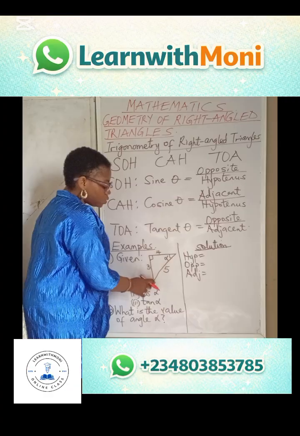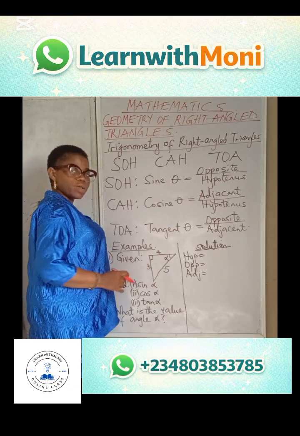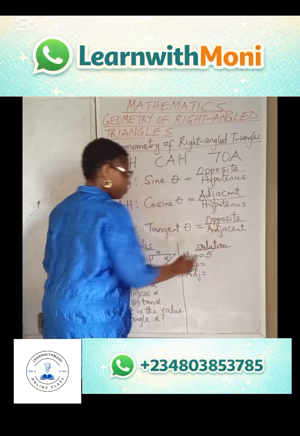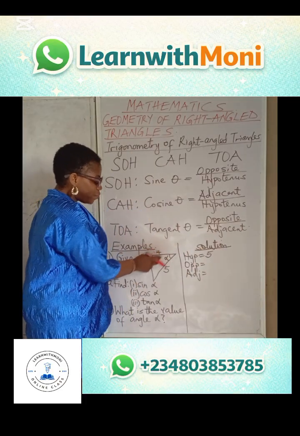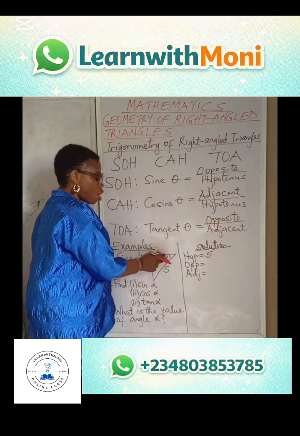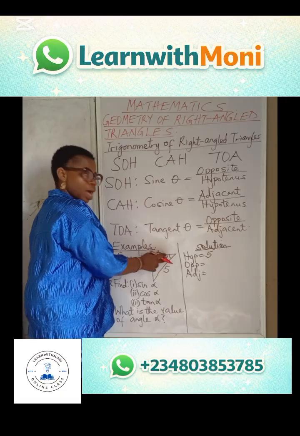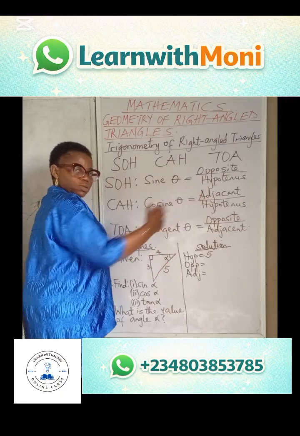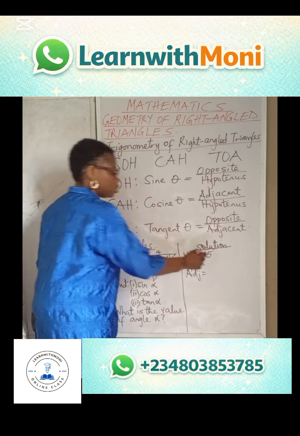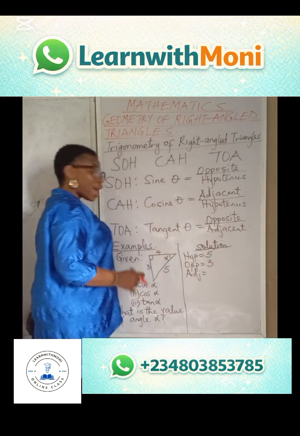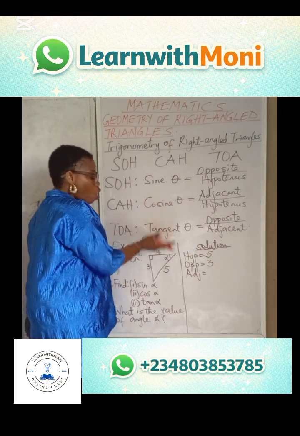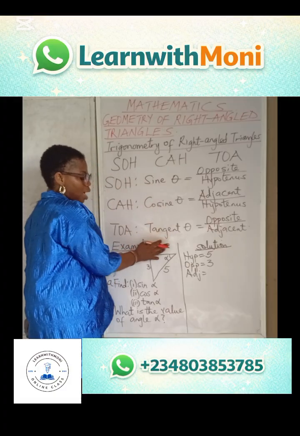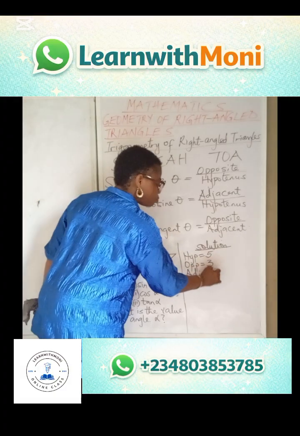The hypotenuse here is the longest side of this right angle triangle, and it is equals to 5. The side facing angle alpha is the opposite of angle alpha. Opposite, something standing opposite you is something facing you, and that is 3. The adjacent is the side on which angle alpha is sitting upon, and that is side 4.